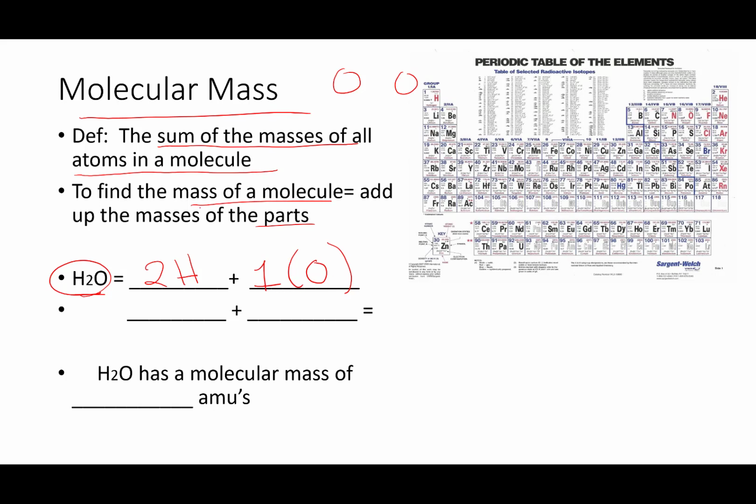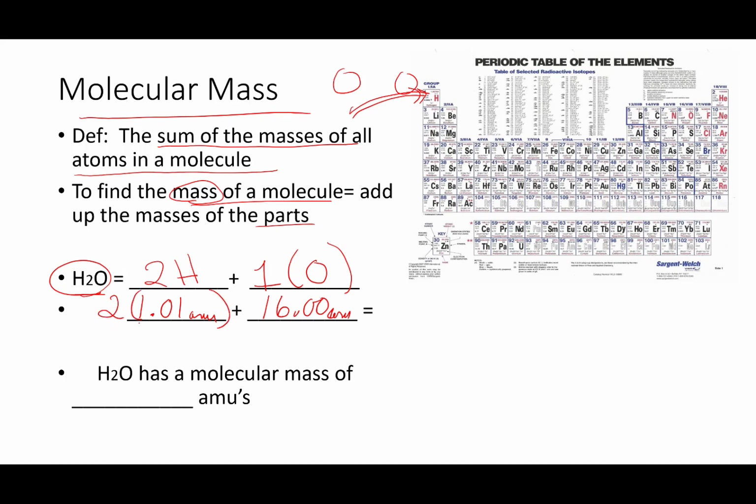I can look up the masses on our periodic table. So hydrogen, and I know you can't read that, but I wanted you to know where I'm getting that number from. Hydrogen's atomic mass, rounded to 2 points past the decimal, is 1.01 AMU. And oxygen, that we just talked about in the last slide, is 16 AMU. But we have 2 hydrogens, so I'm going to multiply that by 2.